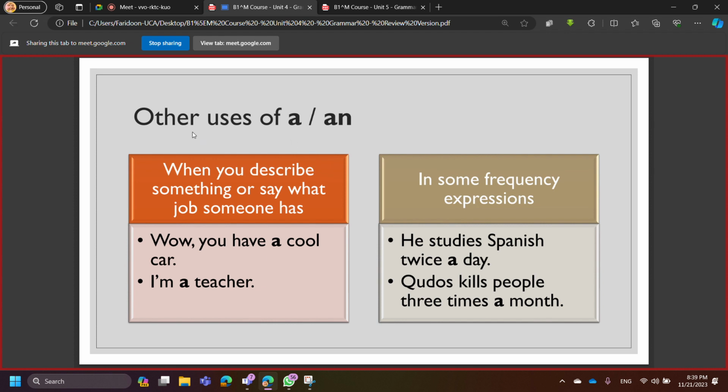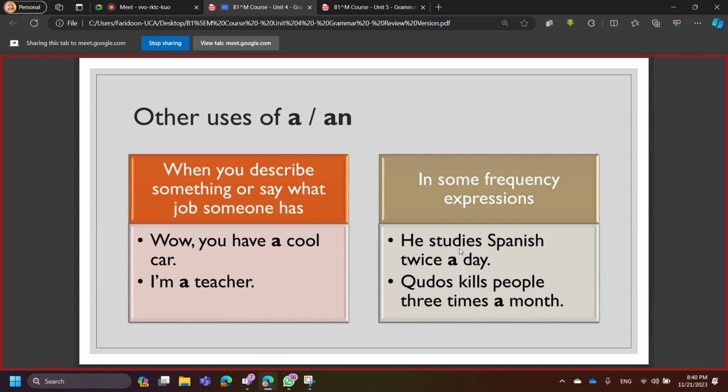Okay, some other uses of a and an. When you describe something or say what job someone has, we can also use a or an. Like, hey, you have a cool car, or I'm a teacher, or she's an engineer, something like that. Or we can also use them in some frequency expressions, like he studies Spanish twice a day, thrice a day, 50 times a month, see? Or Qudus kills people 3 times a month, different things.